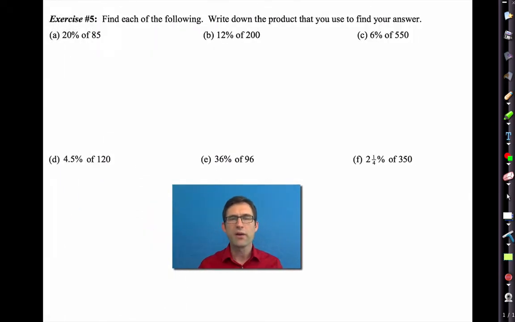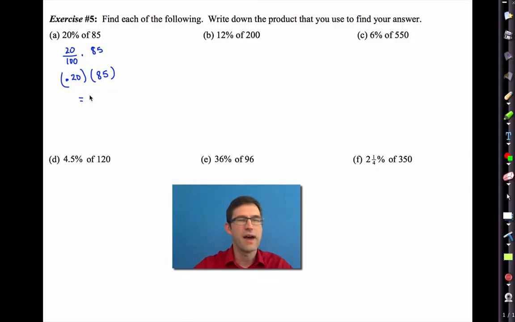All right, look at all these problems. Man, there's a ton of them, but they're going to be so fast, right? Watch. It says find each of the following. Write down the product that you use to find your answer. So for instance, 20% of 85. Well, the trick is 20 divided by 100 times 85. But what we really want to do is look at it as 0.20 times 85.